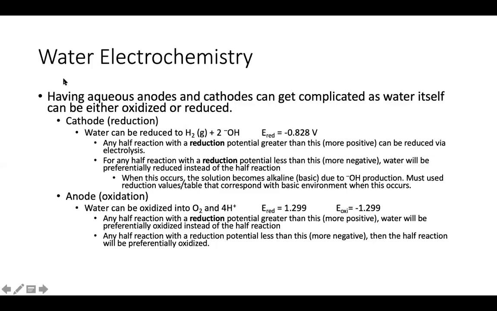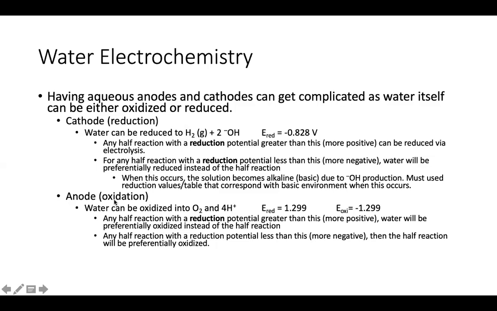Basically the gist is that when you're doing electrochemistry within water, so you have water in your anode and cathode, things can get complicated because water can be oxidized or reduced. What really happens is water gets reduced to hydrogen gas, or, well, yes, water can be oxidized to oxygen gas.